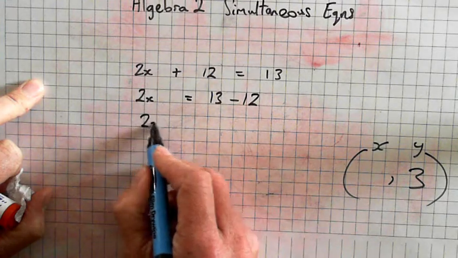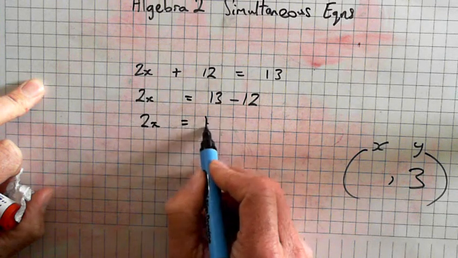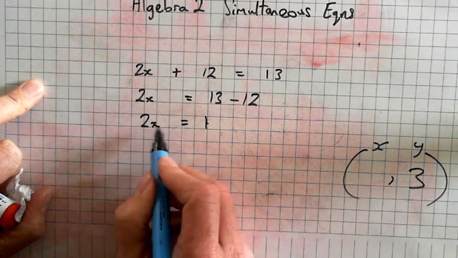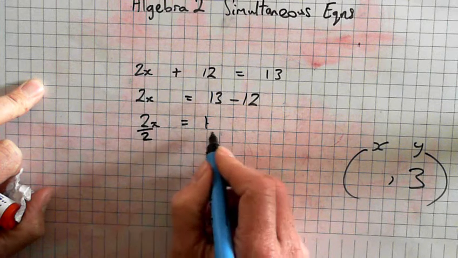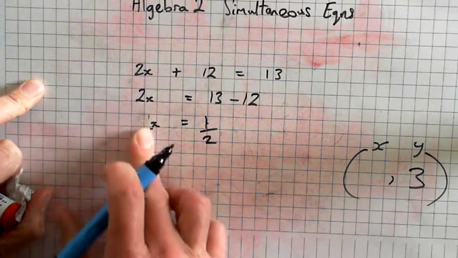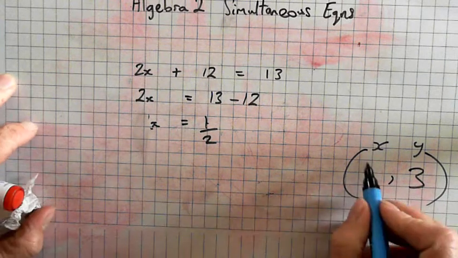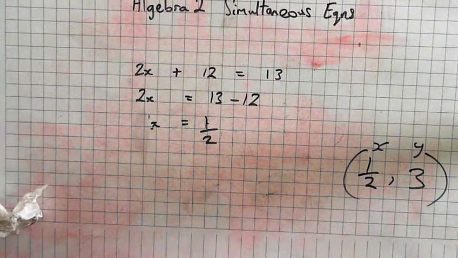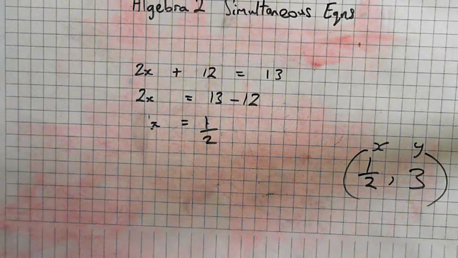Minus 12. 2x is equal to 1. Divide both sides by 2. 0.5. Okay, so x is equal to a half. Alright? So can you say 0.5? Yeah.